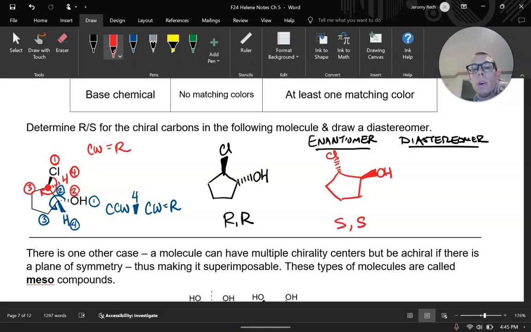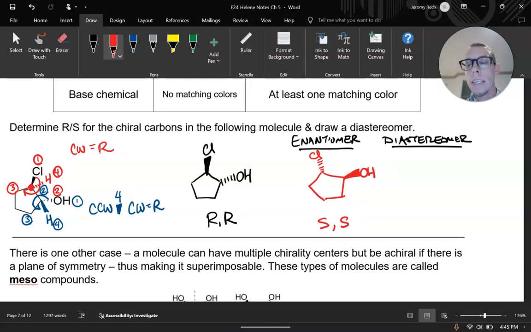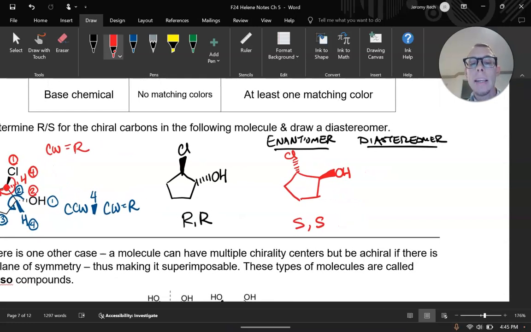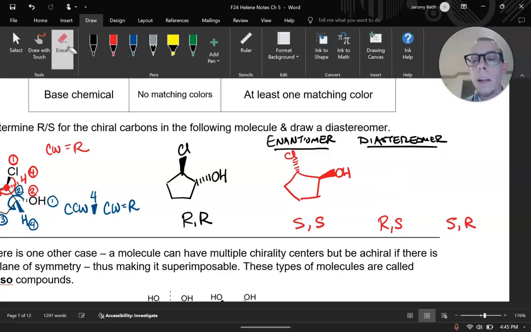So I changed the chlorine from a wedge to a dash, and then the alcohol from a dash to a wedge. Now I have 2 different examples that I can draw for a diastereomer, and my diastereomers are going to be ones that are RS as well as SR. So my RS, that's a horrible pentagon.